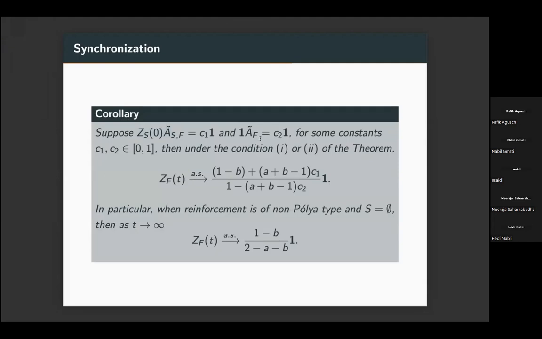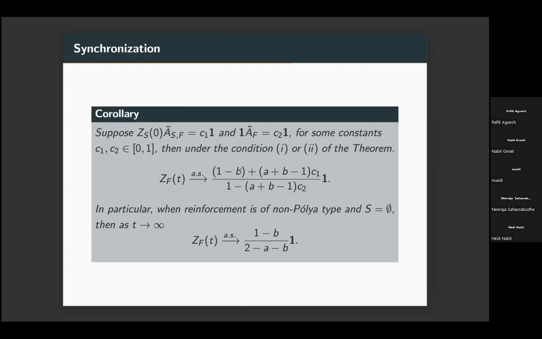Okay, and remember A_F I had already defined. So this A tilde F is A_F times D_F inverse, which is the inverse of the degree matrix. Okay, so anyway, I don't want to get too much into the technical conditions. So under these conditions, what we get is that the limiting fraction of white balls across urns is the same.